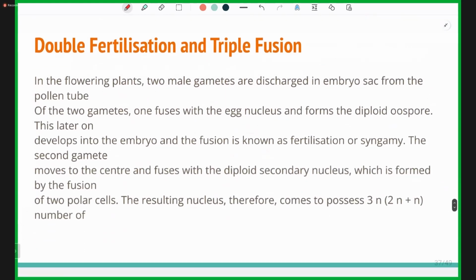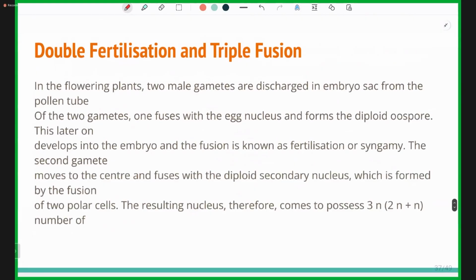Now, double fertilization and triple fusion. We have already discussed that the secondary nucleus fuses with the male gamete. The secondary nucleus has two nuclei, which fuse with the male gamete.